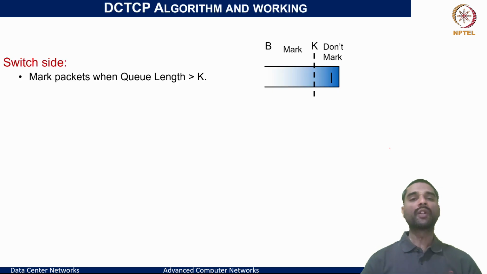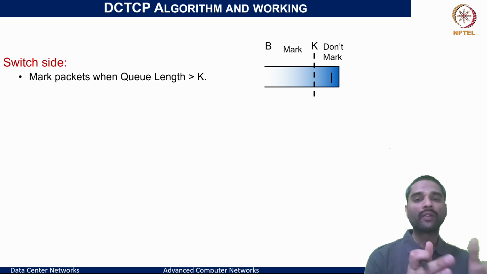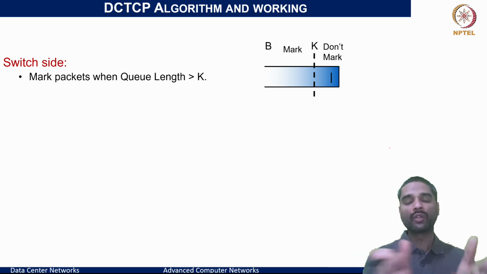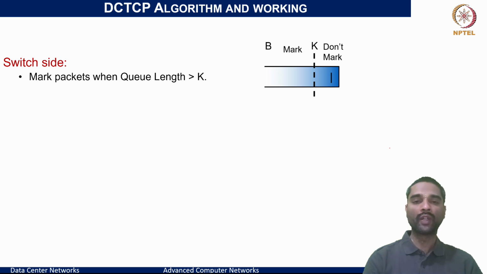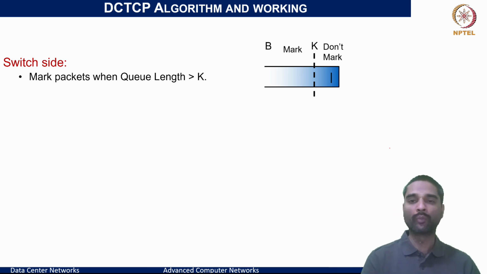And to put this in terms of an algorithm and see how it really works, on the switch side, it would be a usual ECN switch where you just configure the parameter k, which says that any time the queue length at the switch increases beyond this threshold of k, you mark the packet with ECN. And if the queue becomes full, the only way is to drop the packet.